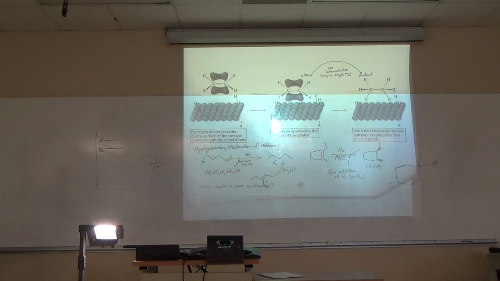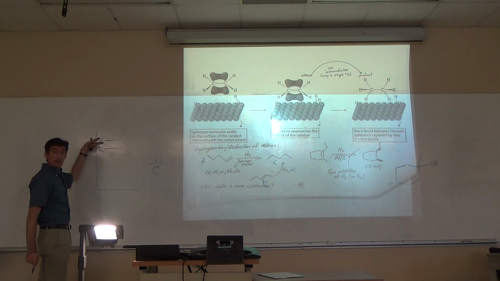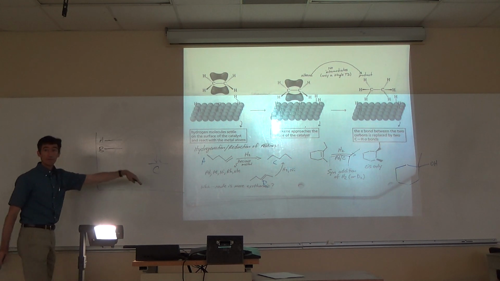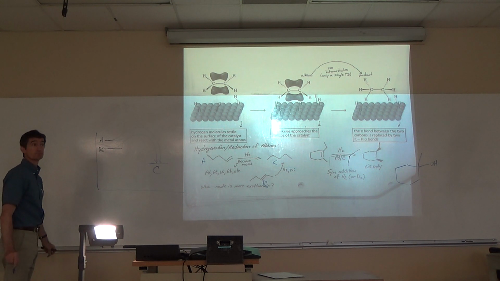Which one gives off the most heat? Which reaction gives off the most heat? Reacting A. Why? Less constituents. Because A sits higher, it has more energy to give off when it comes to C, right?